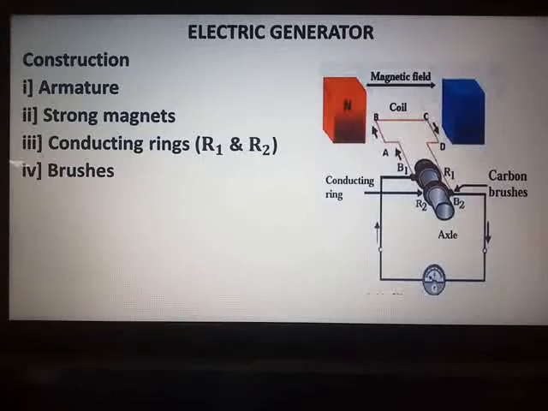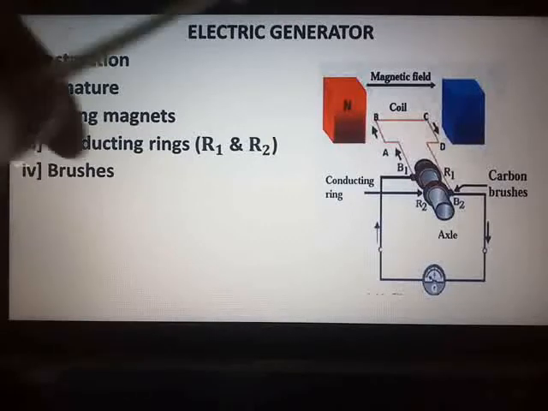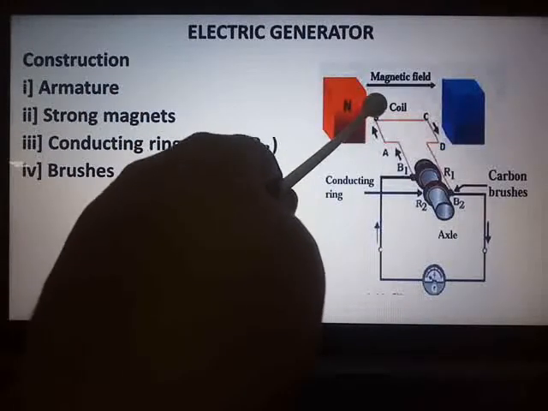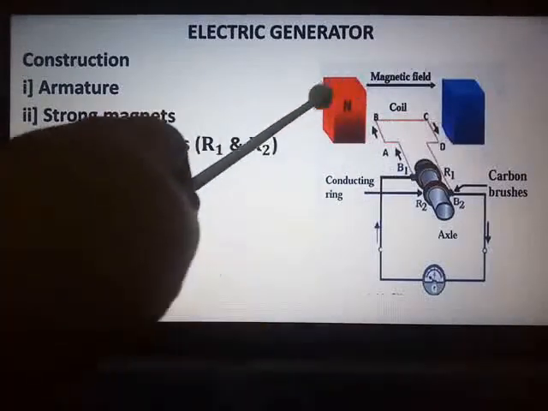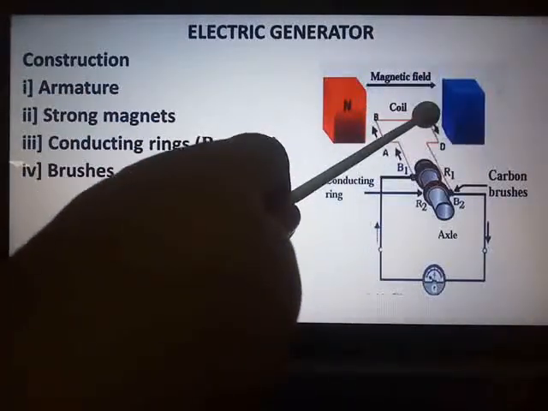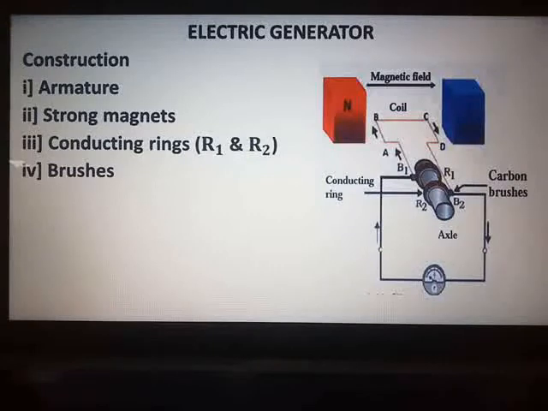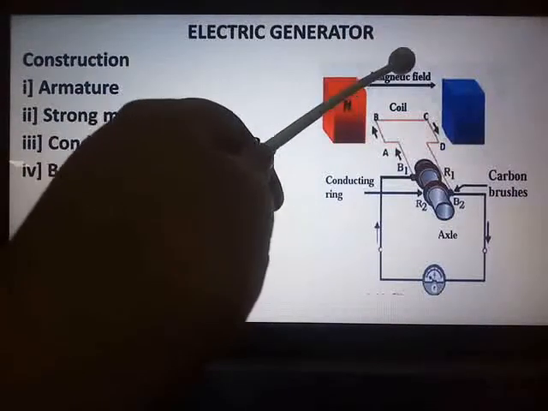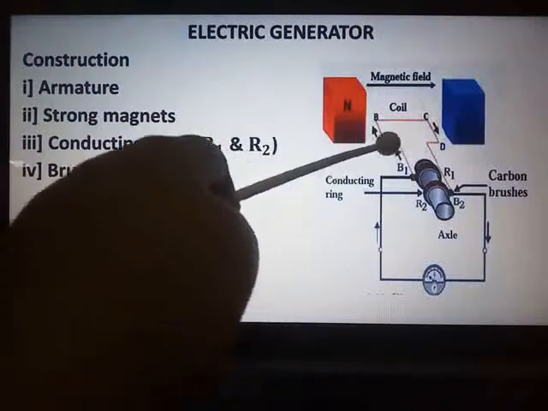Now let us study about its working. We have understood the construction. The main difference I have told you: do not show a battery in the construction. Working: when this armature coil ABCD rotates in the magnetic field produced by both the strong magnets, it cuts the magnetic lines of force, and thus the changing magnetic field produces an induced current in the coil.